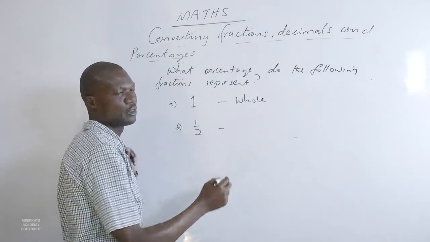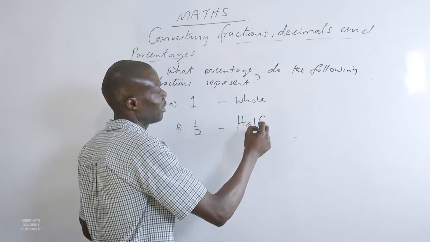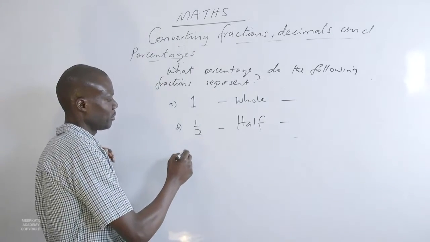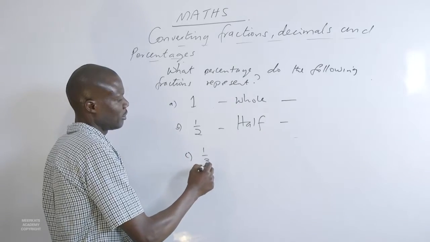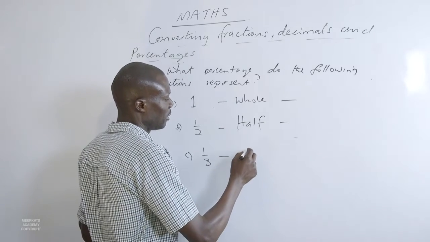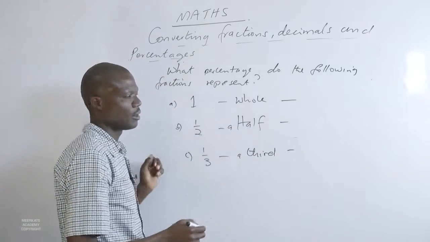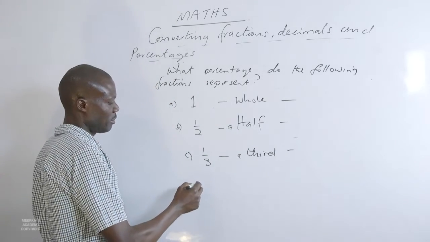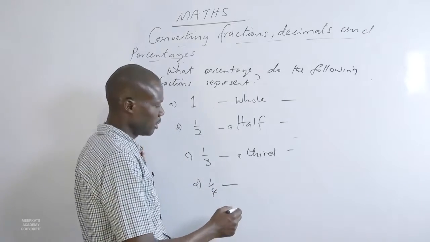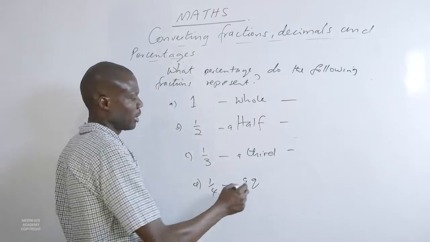We have 1/2, which is also called a half. So we want to see what the percentage is there. We have 1/3, which is also called a third. We have 1/4, which is called what? Yes. It's called? Good, a quarter.